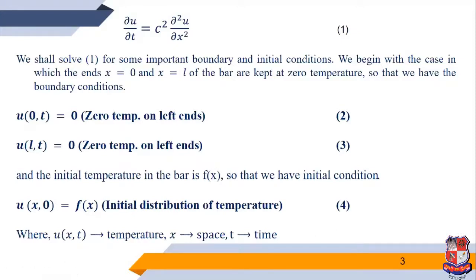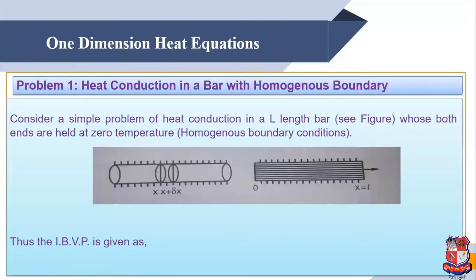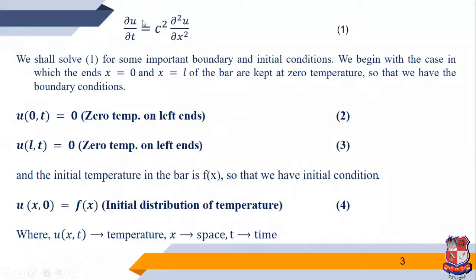So again, I repeat the total problem. One dimension heat equation. There are two types of problem. Problem 1 we discuss heat conduction in a bar with homogeneous boundary, that means both ends are held at zero temperature. So the initial boundary value problem is given as the one dimension heat equation. First we write two boundary conditions.